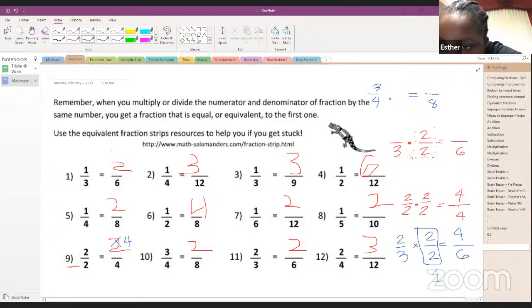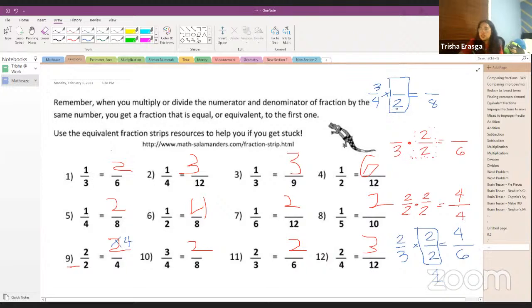2. So if I'm multiplying the bottom with 2, what should I multiply the top with? I multiply the bottom and the top with the same number. So what should this number be?